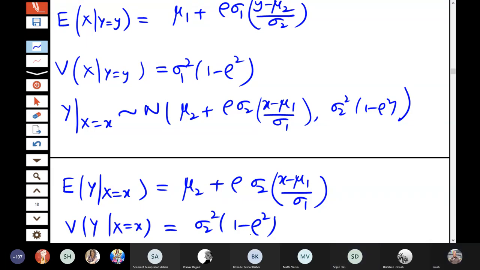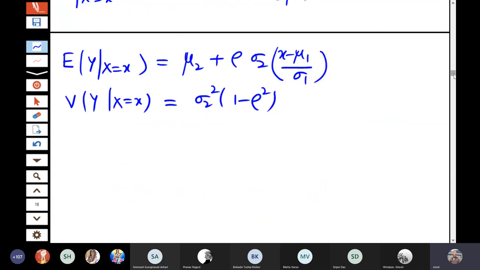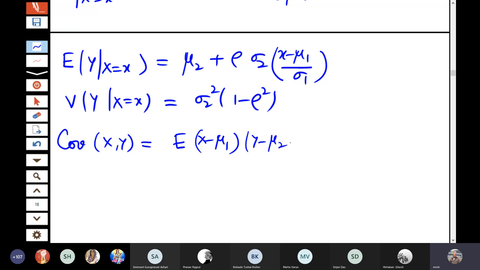So these statements are clear to you? Yes, sir. Now, since mu1 and mu2 are the means of x and y respectively, the covariance between x and y is nothing but the expectation of (x minus mu1)(y minus mu2), because that is the formula for the covariance term, the expectation of (x minus expectation of x)(y minus expectation of y). Now this is a product moment and I will calculate it using the property that I just now exhibited, that I can calculate it iteratively.